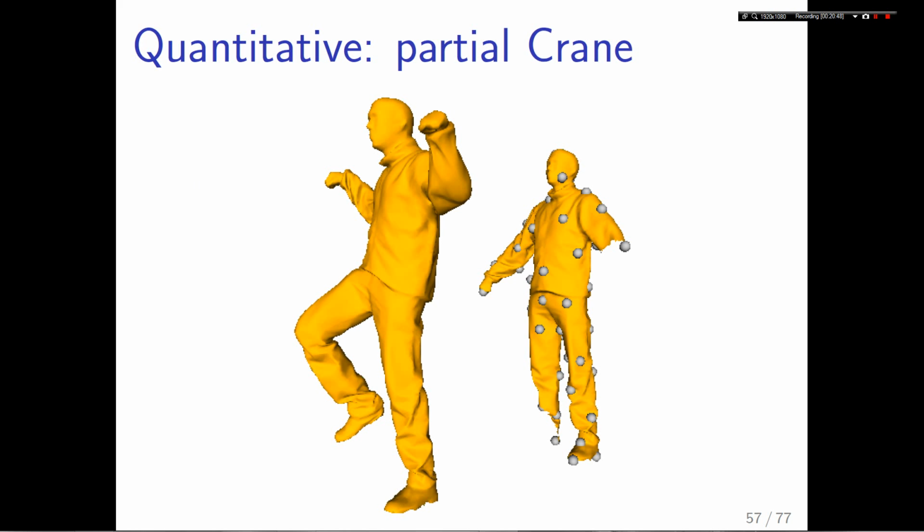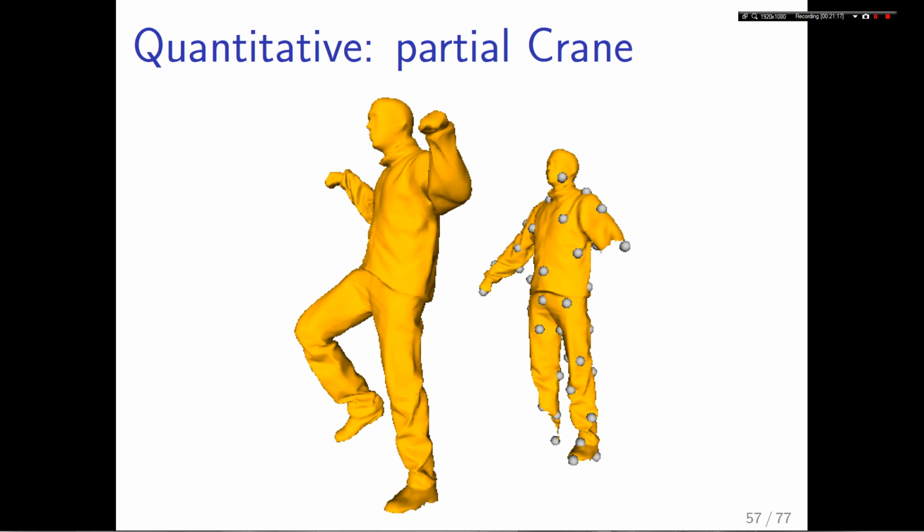So here, these are two human data from the MIT crane dataset, which is publicly available online. On the source mesh, which is still on the right, I sampled 50 points using farthest point sampling. And for the source data, I cut a hand and a foot, which makes this a partial matching.